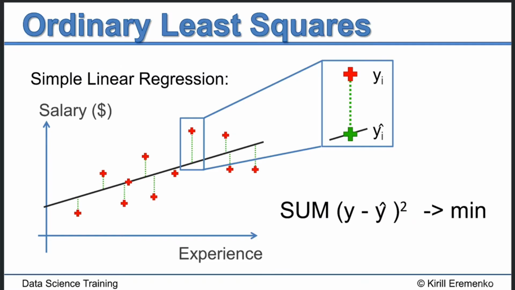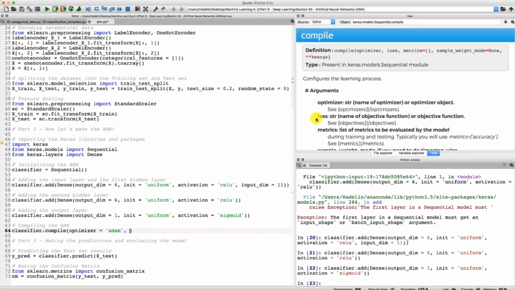You saw the loss function when you studied linear regression. Remember in Kirill's intuition tutorials, the loss function was the sum of the squared errors. That is the sum of the squared differences between the real value and the predicted value. Well, that was the loss function that we used to optimize the parameters of the regression model. And here that's exactly the same. We have some parameters.